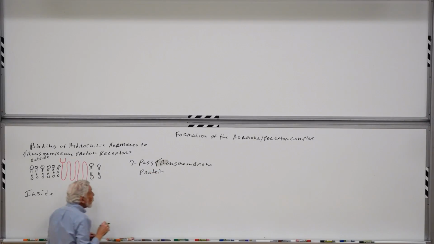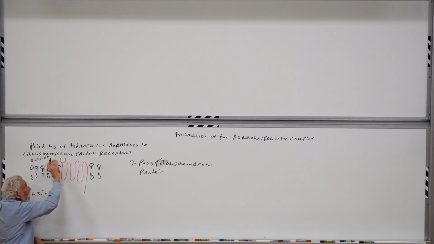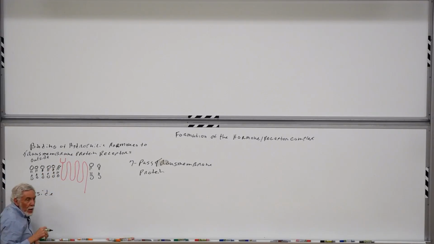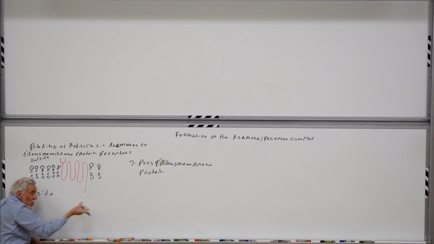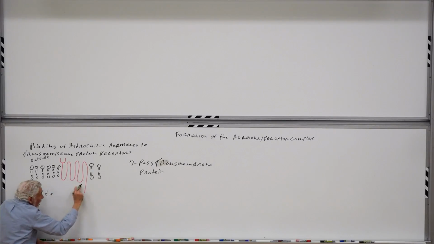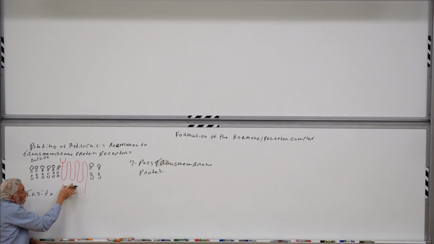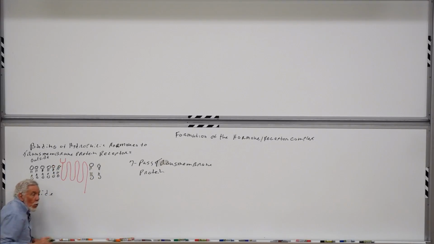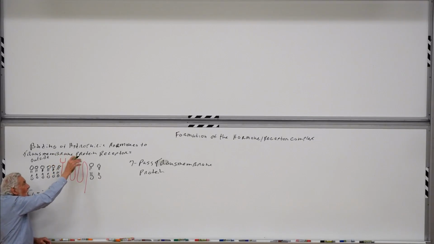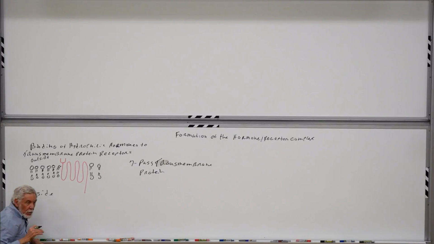The 7-pass transmembrane protein now communicates from the outside to the inside. Now, I've simplified this a lot by just putting these squiggles across the membrane. Each of these squiggles is meant to represent an alpha helix. But in the extracellular region and in the cytoplasmic region, these cytoplasmic tails will form a 3-dimensional structure, and these extracellular regions will form a 3-dimensional structure that, in contrast to the simple U-shaped thing that I'm showing, provides the receptor.